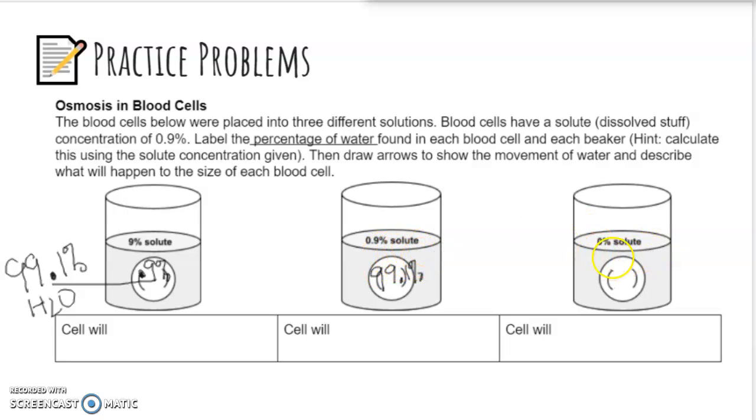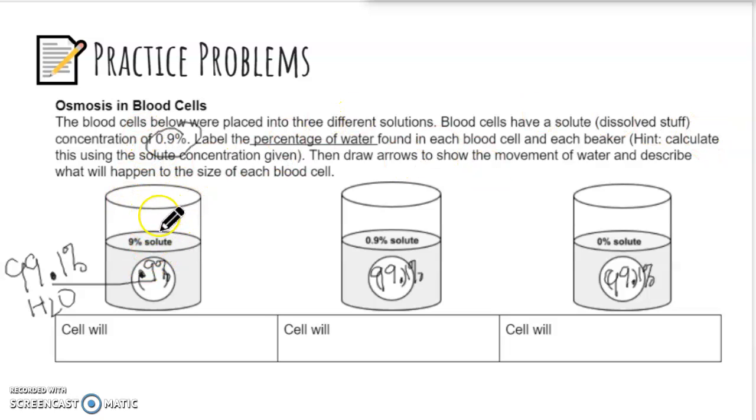99.1% of water is in there. Now let's label our percentages of water found in each blood cell. We calculated it using the solute concentration given, which was 0.9%, which leaves us 99.1% water in each of those cells. Now we're going to figure out and draw our arrows for the way that the water moves, because osmosis is the movement of water, and describe what will happen to our cell.